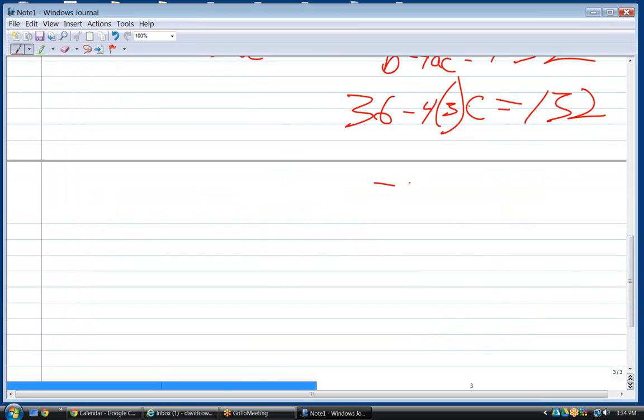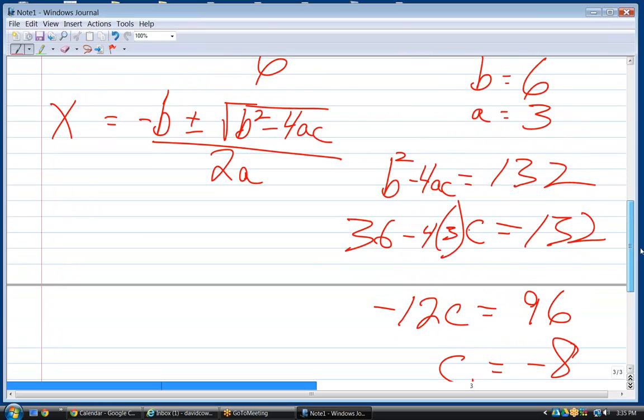We get minus 12c equals 96, so c is minus 8. Okay. There's your answer. Now we have A, B, and C. So what is the function? 3x squared plus 6x minus 8.